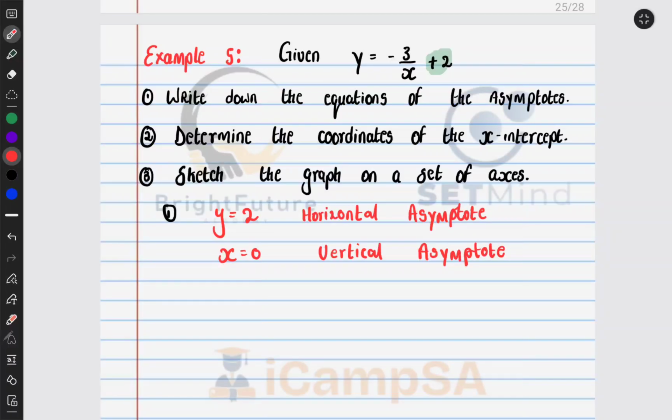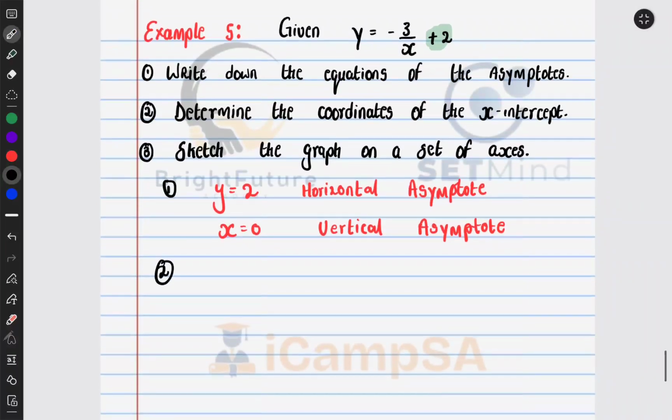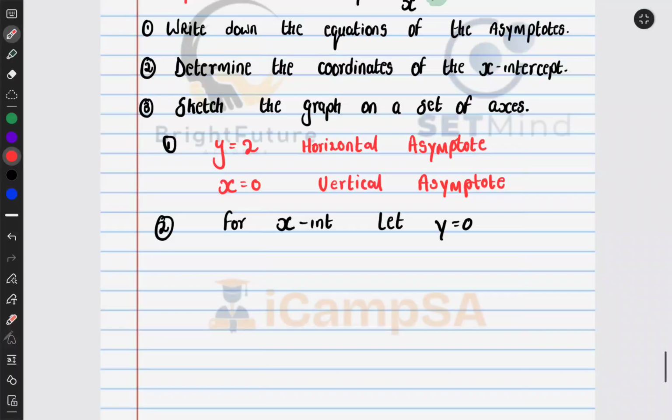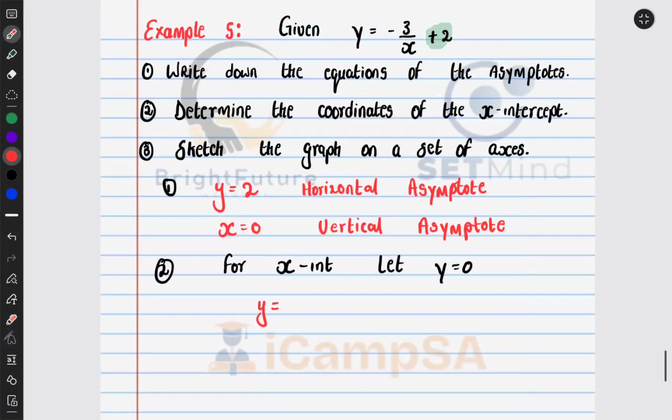And then next we are asked to determine the coordinates of the x-intercept, so we're just going to find it algebraically. For the x-intercept, let y equal to 0. That's how we solve for the x-intercepts. Our equation is y is equal to -3 over x plus 2.